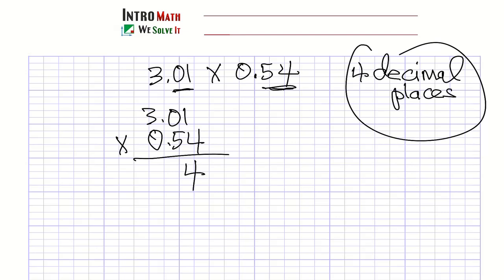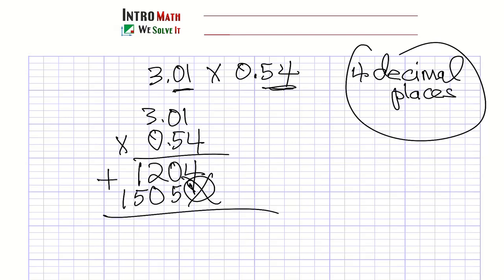Is 4. 4 times 0 is 0. 4 times 3 is 12. See? And then 5 times 1 is, now you have to make space here. Just put 0 here. It won't change anything. 5 times 1 is 5. 5 times 0 is 0. 5 times 3 is 15.